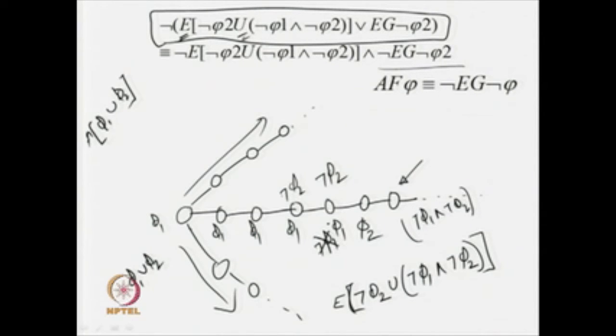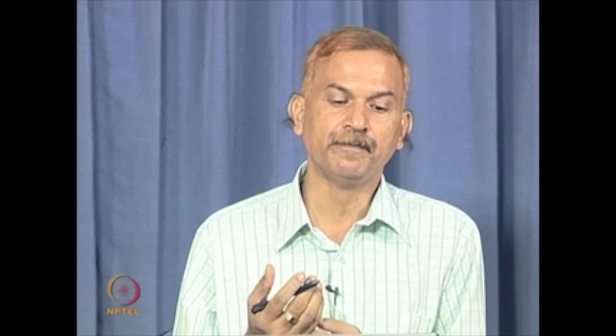That means, A until can be expressed with the help of E until, or on the other hand we can say that E until can be expressed with the help of A until also. That means, we have an equivalence relation between A until and E until in all path until operators, and here exists a path until operator.